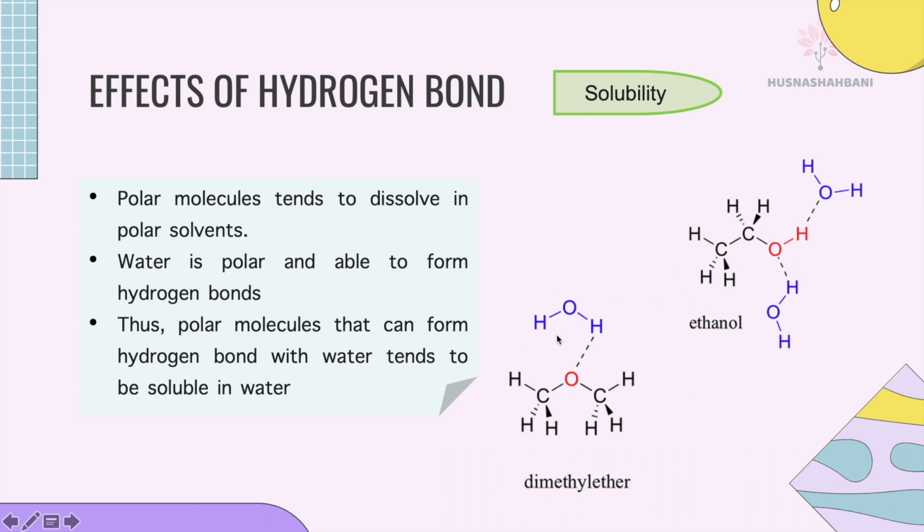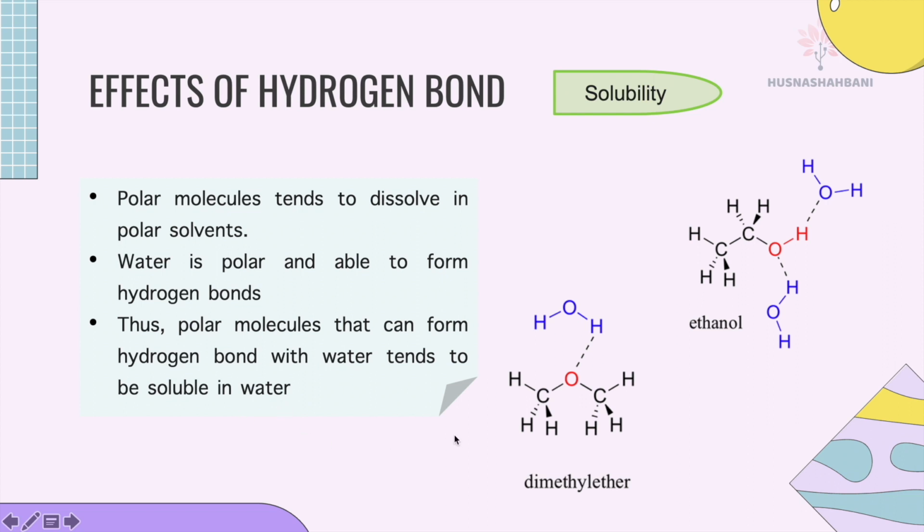Water can dissolve in ethanol, water can dissolve in dimethyl ether, because water is polar molecule, dimethyl ether is also polar solvent. Here water polar molecule, ethanol polar solvent. Thus, polar molecules that can form hydrogen bond with water tend to be soluble in water.